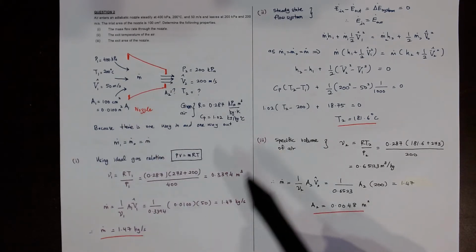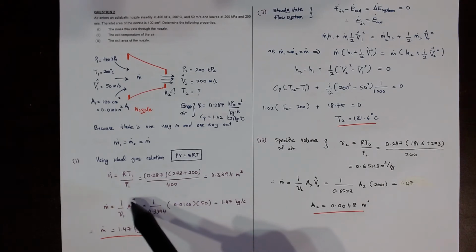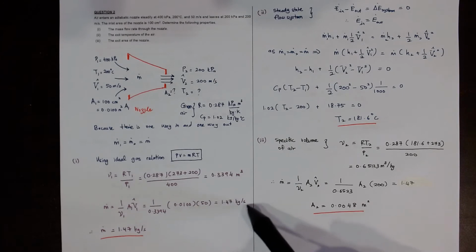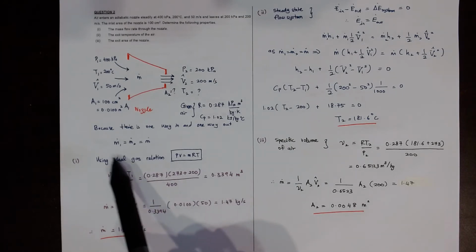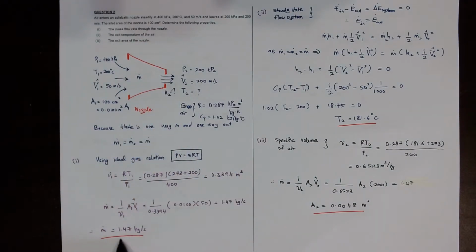Always use the SI unit. Then V1 with the hat is the speed, 50 meters per second. You get 1.47 kilogram per second.